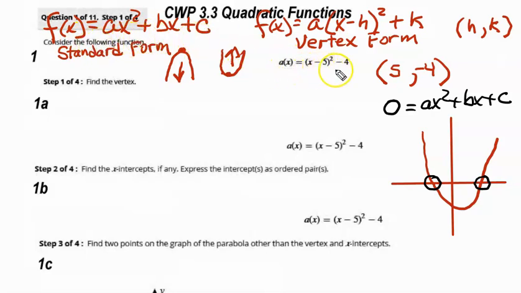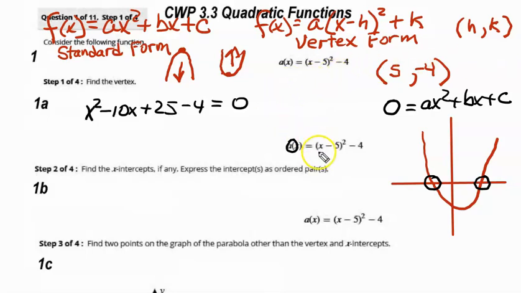Well, this is in vertex form. So what would our protocol be? Well, we have to say this will be 0 and put it in standard form from its vertex form, and then solve this equation when y is 0. All right, let's do that.